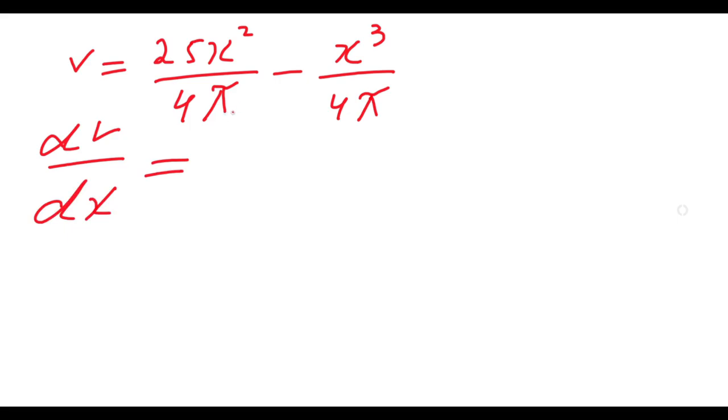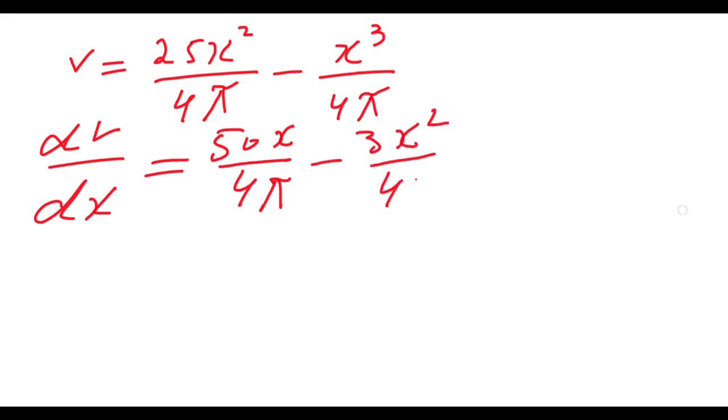We don't need to pull the pi out because pi is a constant. So this becomes 50x over 4 pi minus 3x power 2 over 4 pi. Now set the derivative to 0 and solve for x.